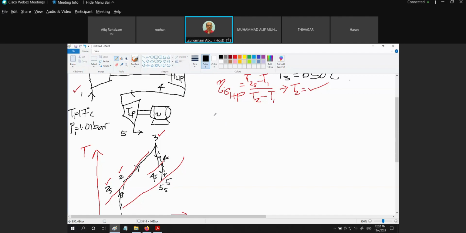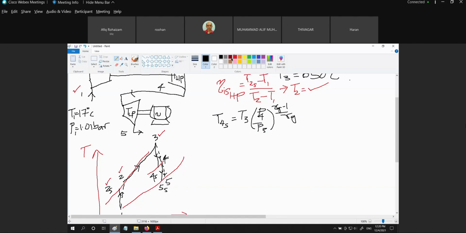Now give me the equation. T3 times P4 over P3 to the power of gamma G minus 1 divided by gamma G, where gamma G is the gamma for the gas.